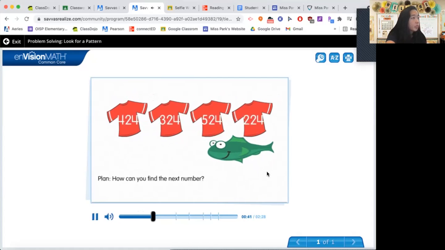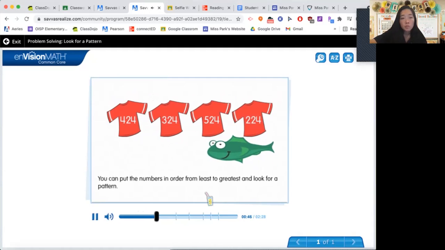Plan. How can you find the next number? You can put the numbers in order from least to greatest and look for a pattern. Why should you order the numbers on the jerseys from least to greatest? Sorting the numbers from least to greatest will help you find number patterns.